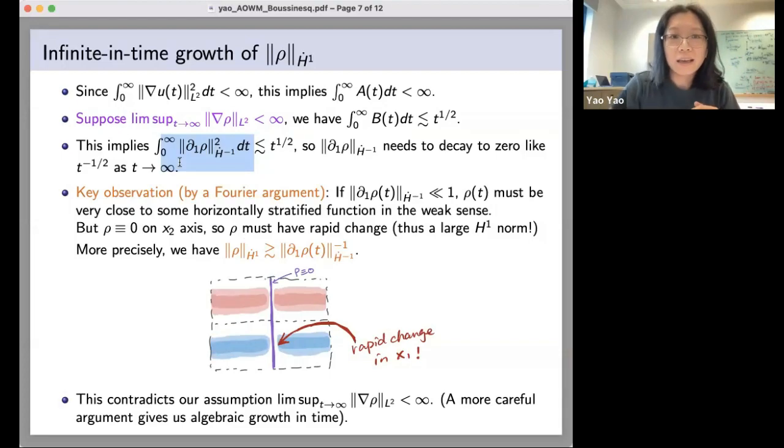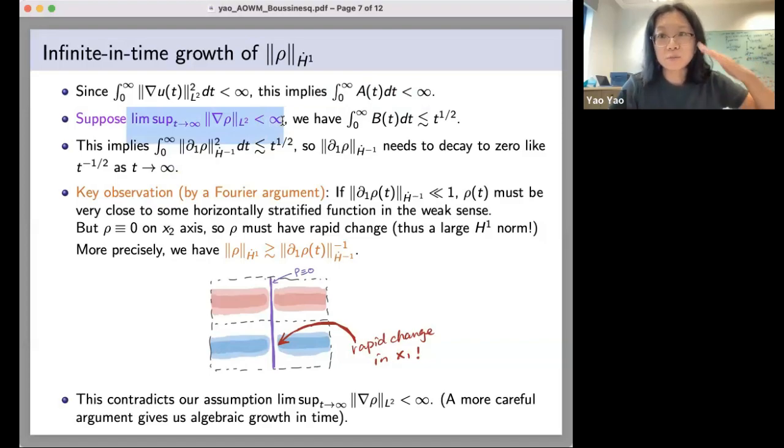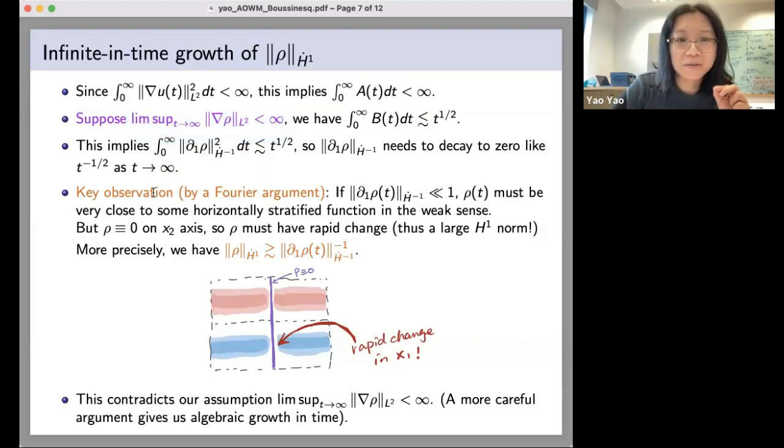And then if we adjust this to have a stronger assumption, that not only is the limsup infinity, but the limsup is growing like a certain power, then this integral will have a bigger power, so that this will change the power here.